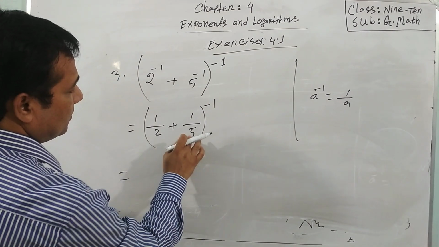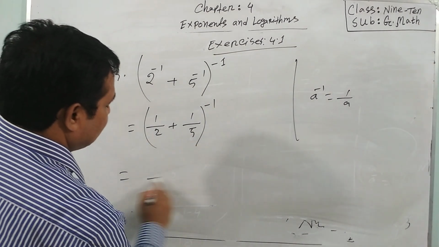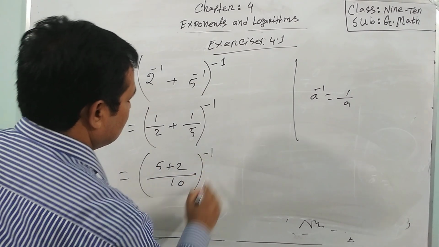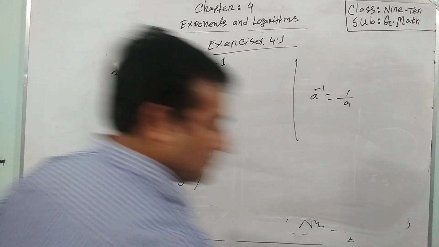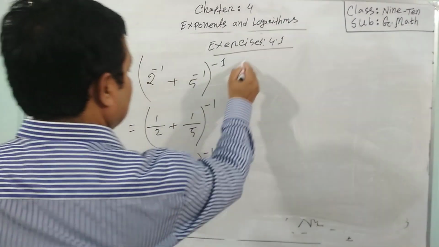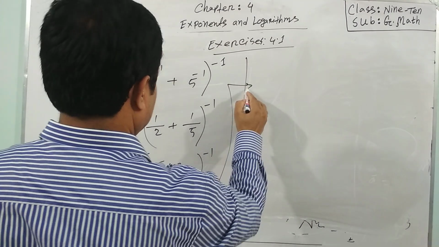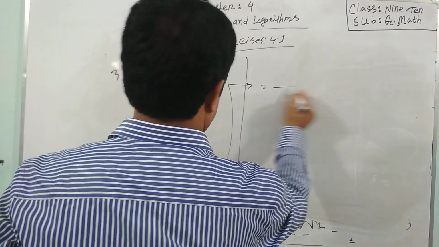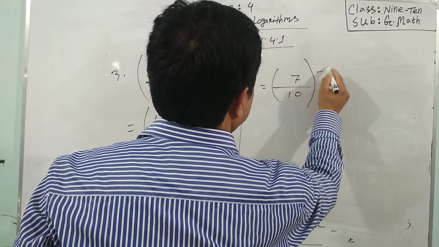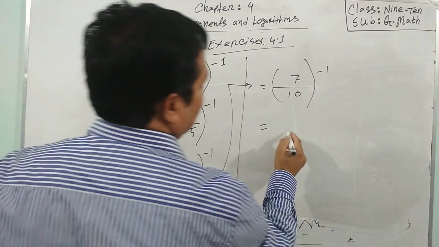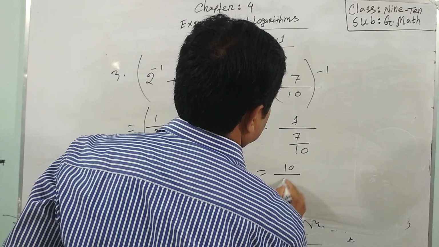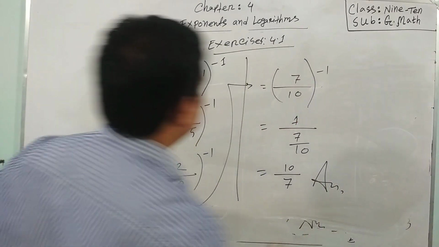Here the LCM of 2 and 5 is 10: 5 plus 2, inverse 1, which is 7 by 10, inverse 1. So inverse 1 of 7 by 10 equals 10 by 7. These are important results.